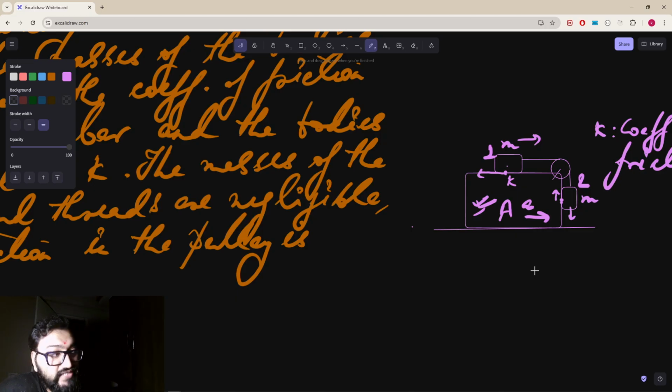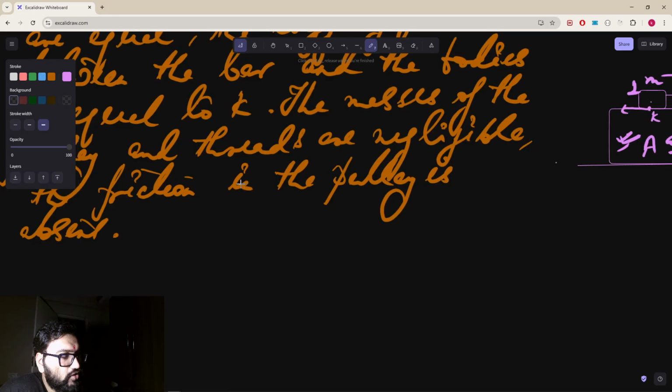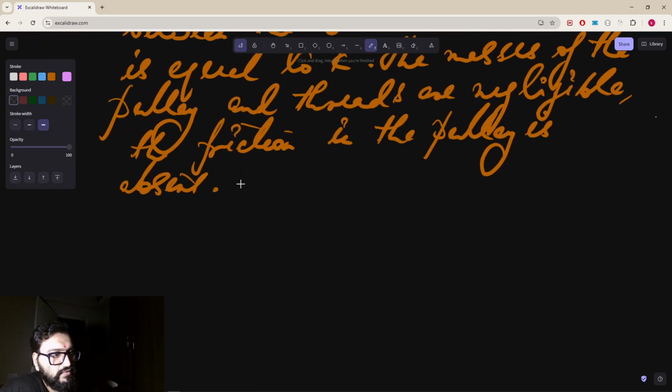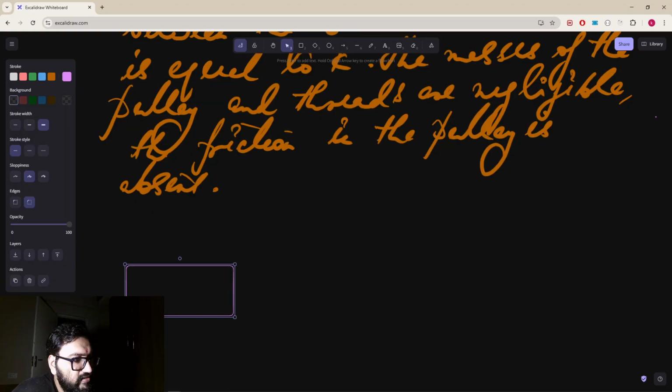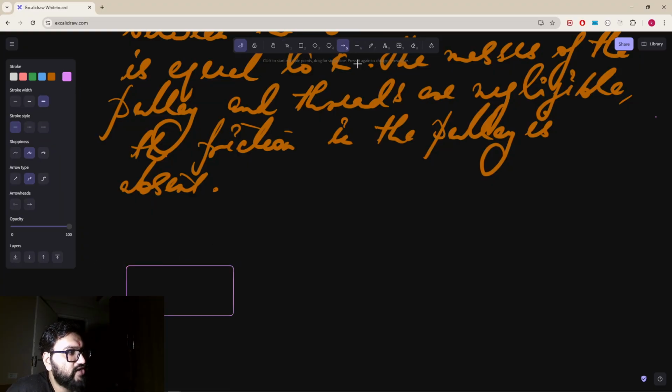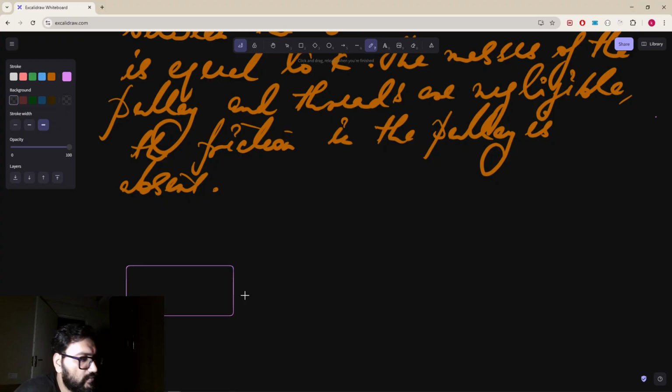So given that, let's draw the FBDs. I have assumed that this body A is moving in the rightward direction with an acceleration of a.